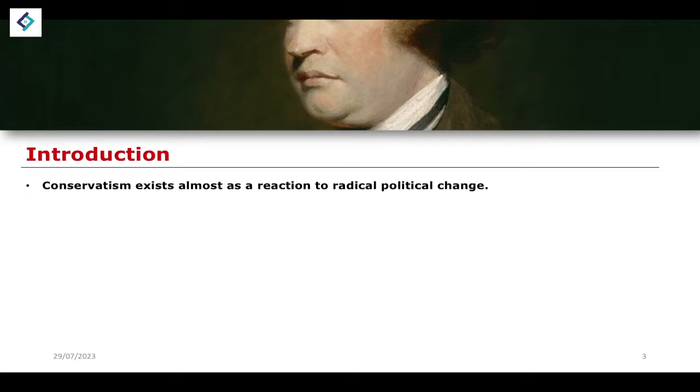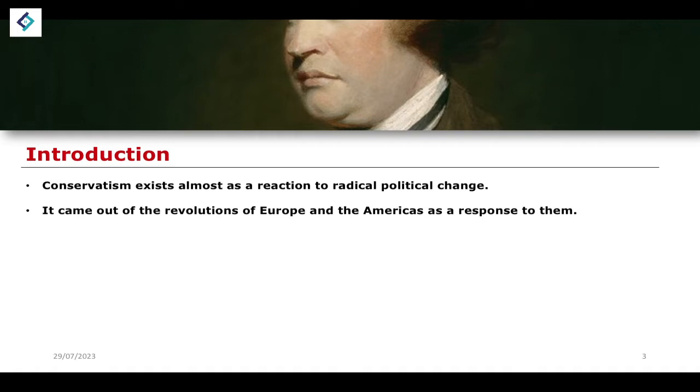It comes out of, and can be seen first when we look at, the revolutions of Europe and America, and specifically not necessarily the revolutions themselves, because they can be represented as the radical political change, more so the reactions to these revolutions.